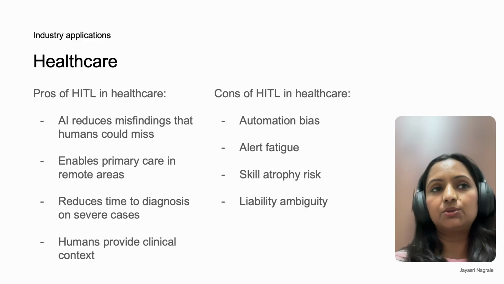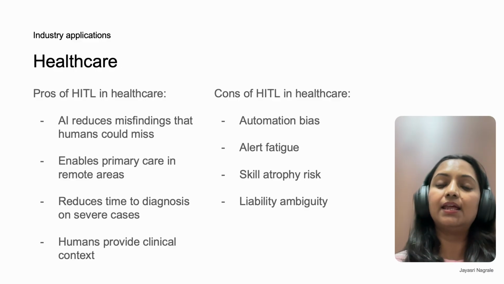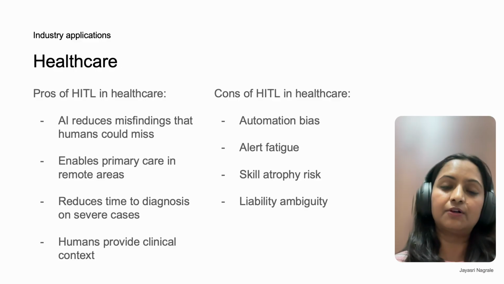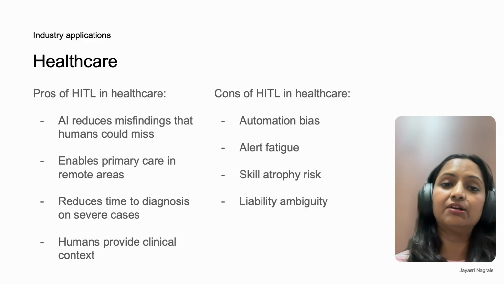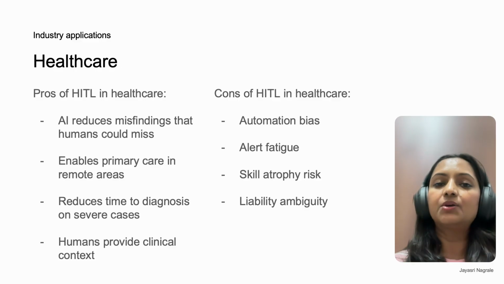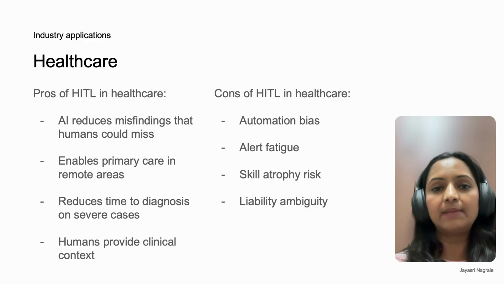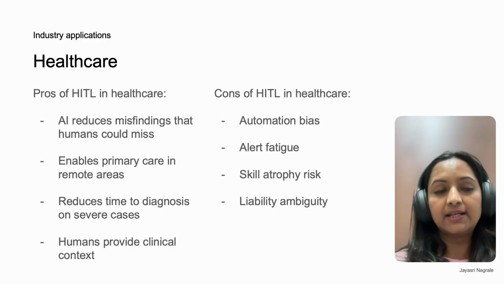Skill atrophy risk. Now this is a big one, especially in healthcare. That means that let's say the AI systems are capable enough of handling all the regular cases, all the 80-90% of the regular cases that have good documentation, good medicines attached to it. And only the 5 to 10% complicated or rare cases are then assigned to human doctors, right?